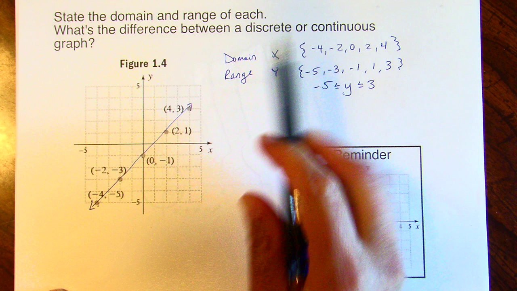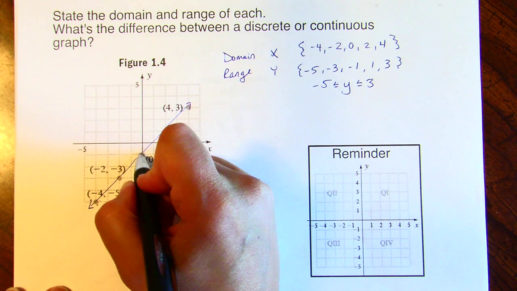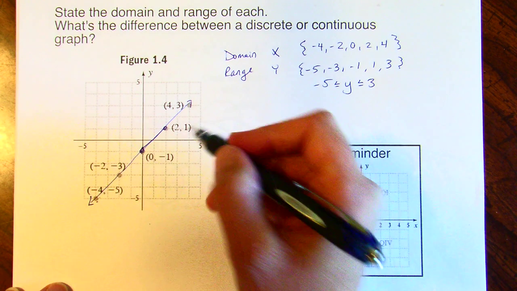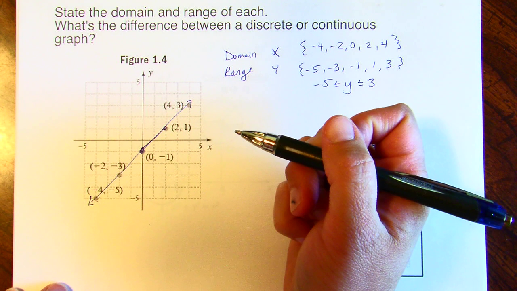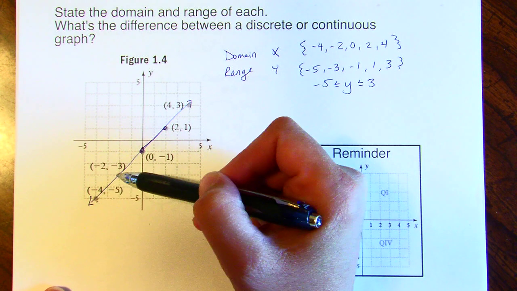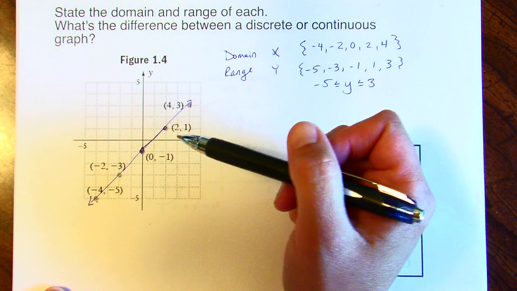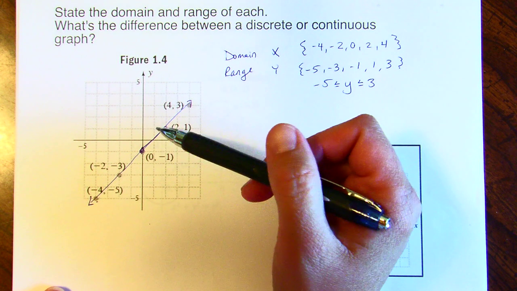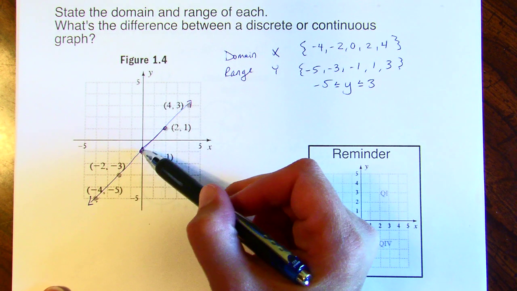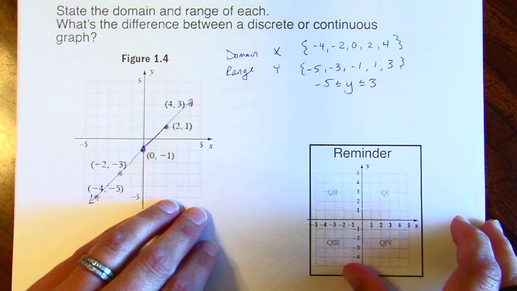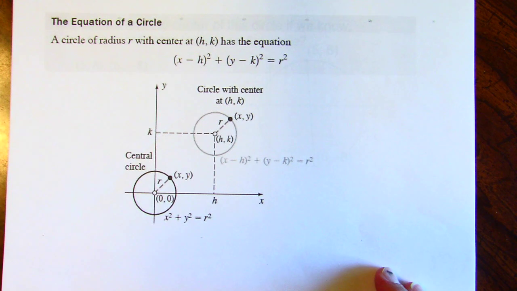So continuous, you could have just between this point and this point, and that's continuous. Just because it ends does not mean it's discrete. Discrete means specific points. Continuous could have arrows, or it could be a segment where it ends. But continuous means there's a continuous infinite amount of points between whatever you have selected. So that's our main difference and the beginning starting of all of this.